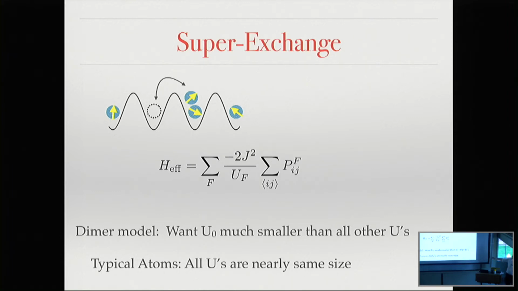Right? So we want a negative term that wants to have nearest neighbors be in singlets. As I said, for typical atoms, these U_Fs are all roughly equal, and so we need to somehow engineer things so that U_0 is much smaller than the other U's.